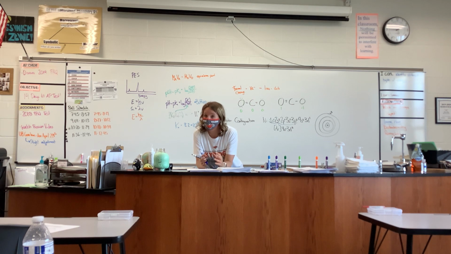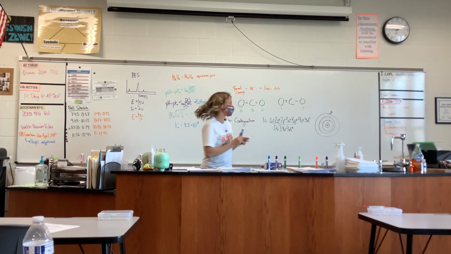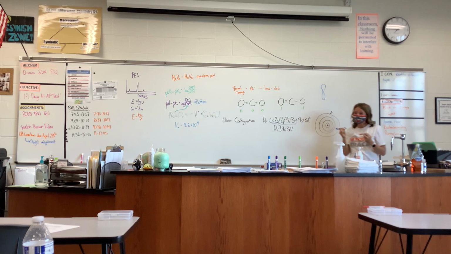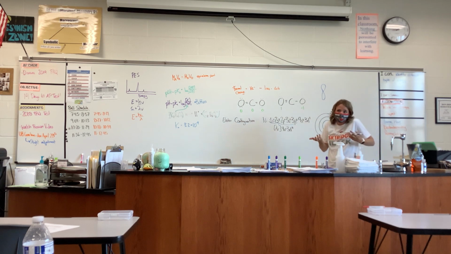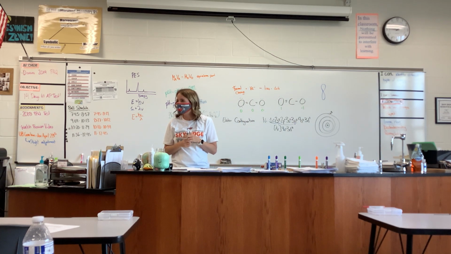S-shaped orbitals are spherical, they're round. I don't remember the other ones. P orbitals look like this. That's where the weird letters come from.